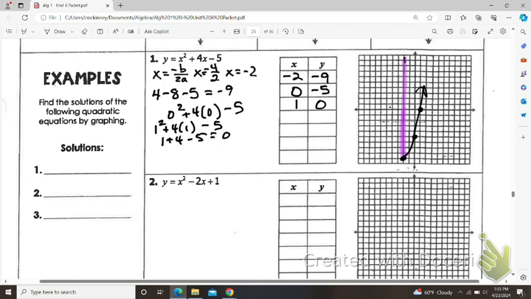So we're going to go 3 spaces to the left. So 1, 2, 3 would be our other 0. Now if I want my graph to look better, I can also fill in this other dot. But I really am concerned with these two.